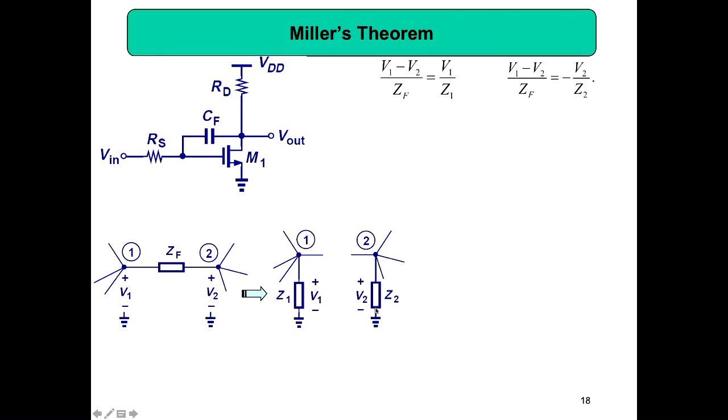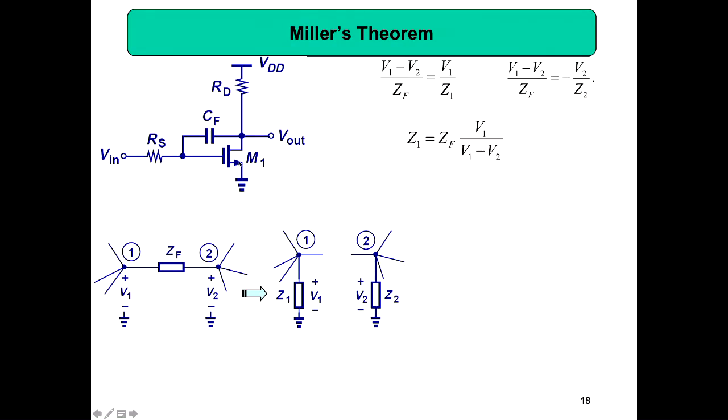It should come from ground to this point, so that V2 by Z2 also should be equal to (V1 minus V2) by ZF. We get a negative sign because current is coming from ground to this point, so that is the reason for minus V2 by Z2. If you satisfy these equations, then you can split the capacitor into two.